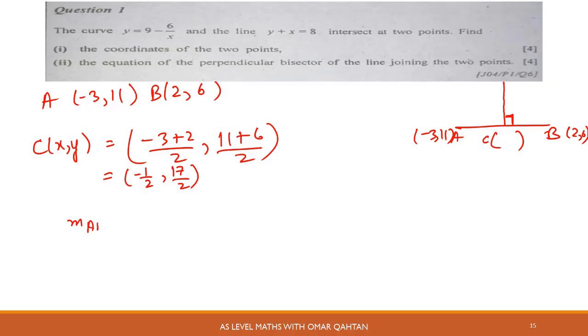So gradient of line AB will be 6 minus 11 upon 2 minus 3, which is minus 5 upon 5, equals to minus 1.